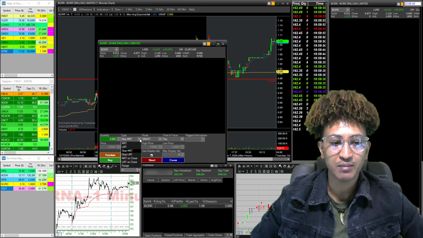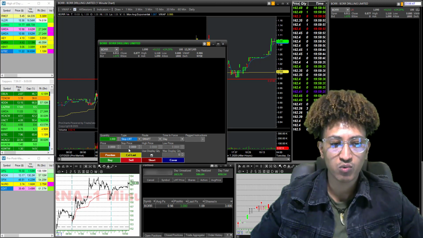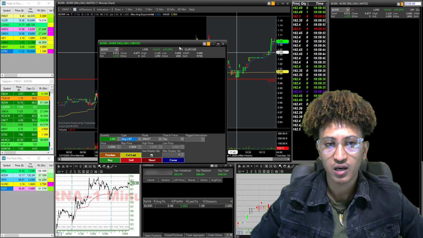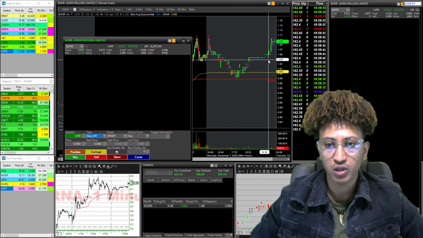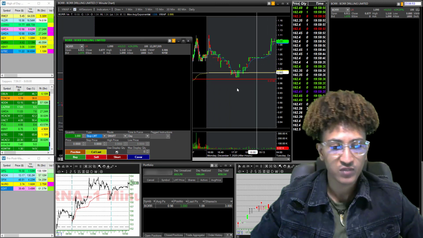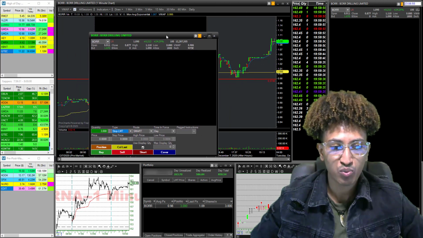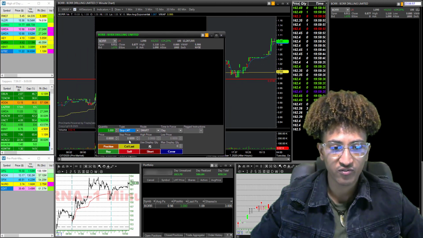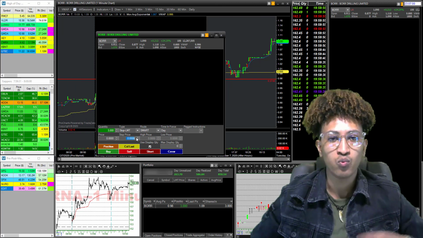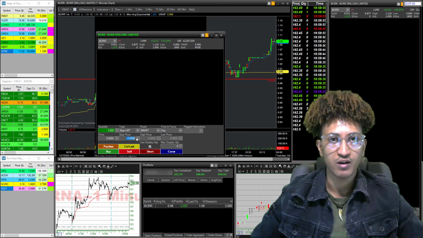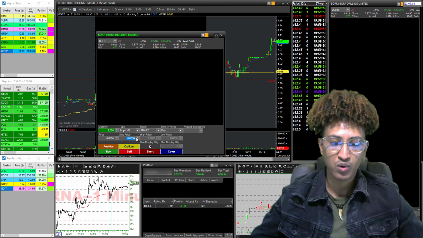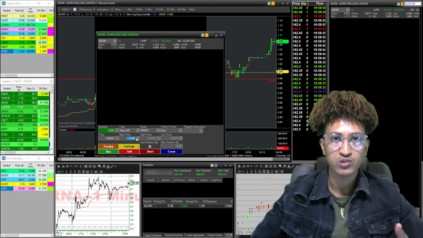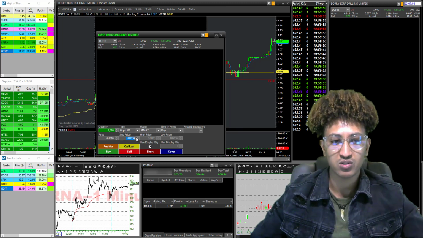The next one is limit stop. Limit stop will be this one here. So let's say I don't want this thing to drop below a certain price. What I would do is set the stop price. The stop price is where the order triggers, right? As soon as that price hits, the order triggers, and then you get to set the price that you want to fill at.